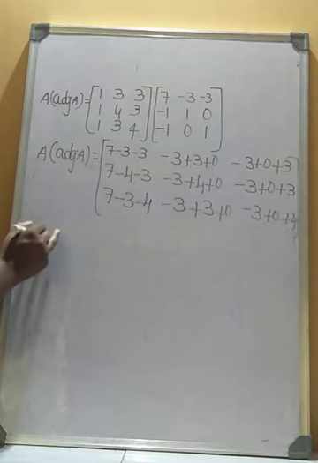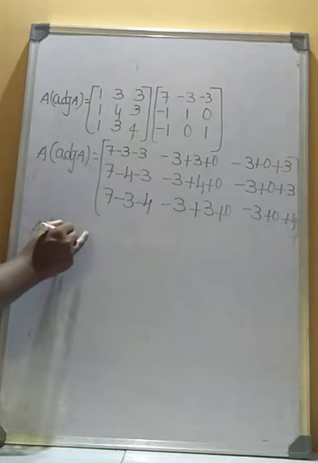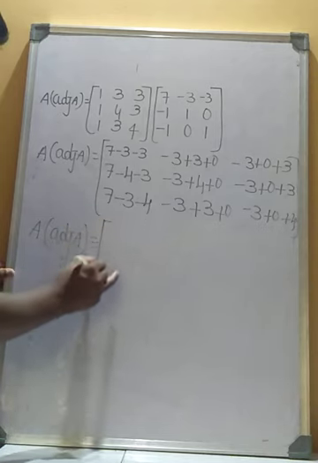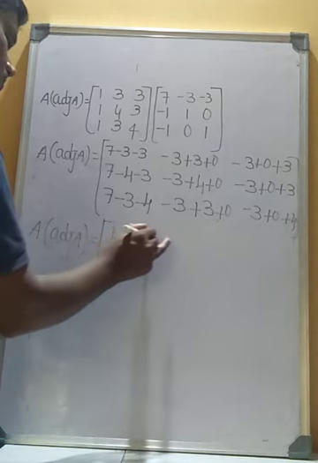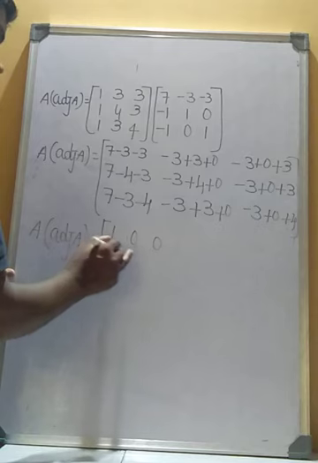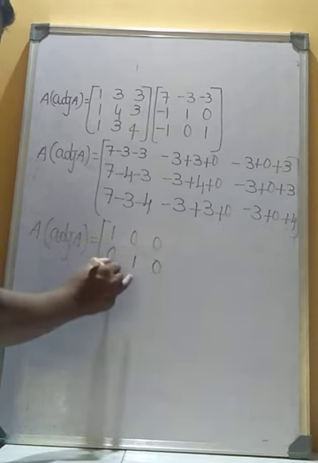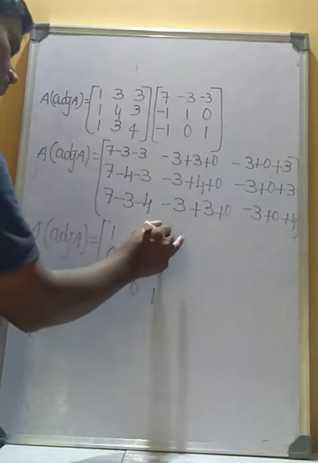Therefore, A into adjoint A equals 1 0 0, 0 1 0, 0 0 1.